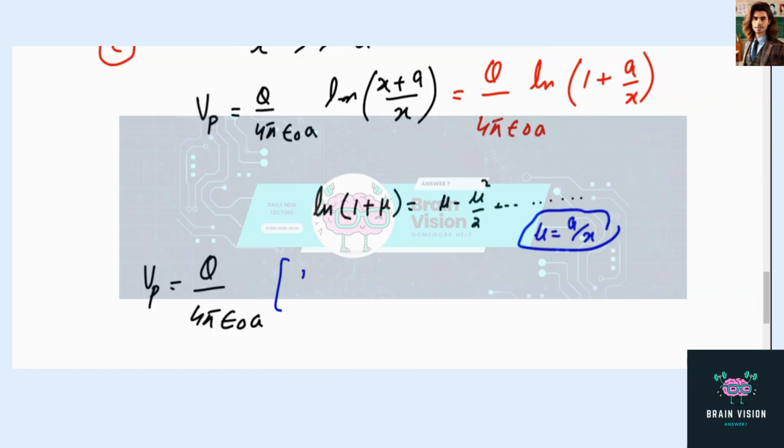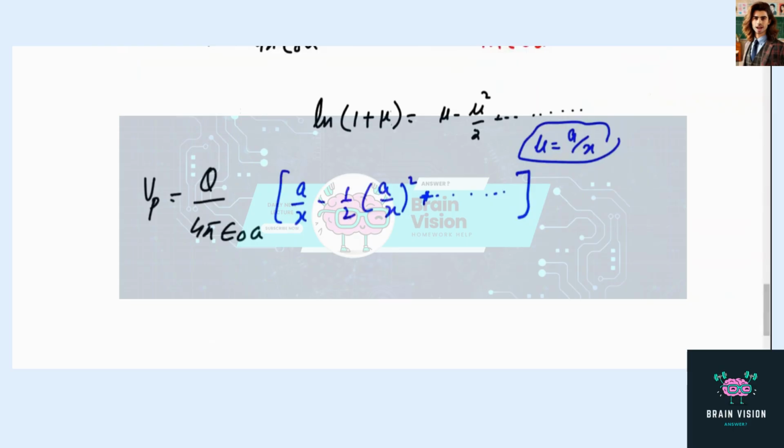So we can write A upon x minus half into A upon x square, and we have next terms of A upon x whole cube, then A upon x to the power 4, neglecting all these higher order terms. As we have already mentioned that x is very much greater than a, therefore we will have A upon x whole square approximately equal to 0.